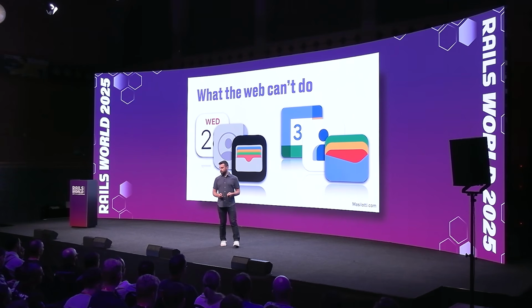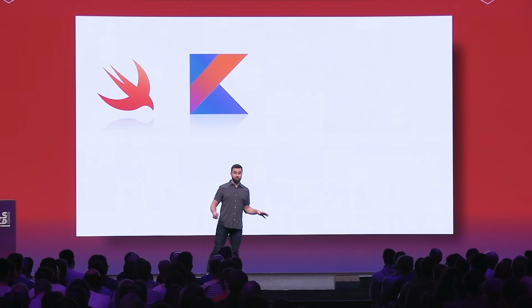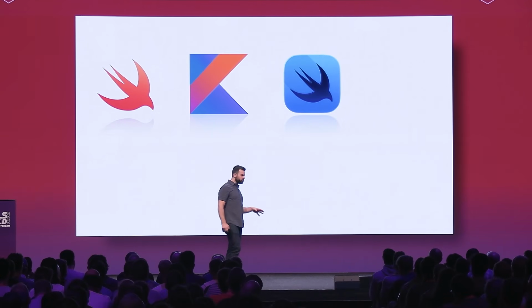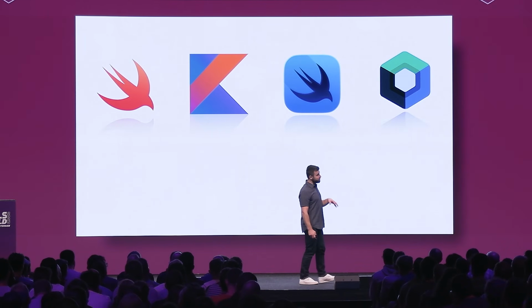So let's say that at this point, 6 minutes in, I've convinced you. You're ready to build a mobile app, right? Let's go. So first, we have to learn Swift, the programming language for iOS apps. Then we have to learn Kotlin, of course, for Android. Then we want to get something on the screen, so we have to learn SwiftUI for iOS, Jetpack Compose on Android.